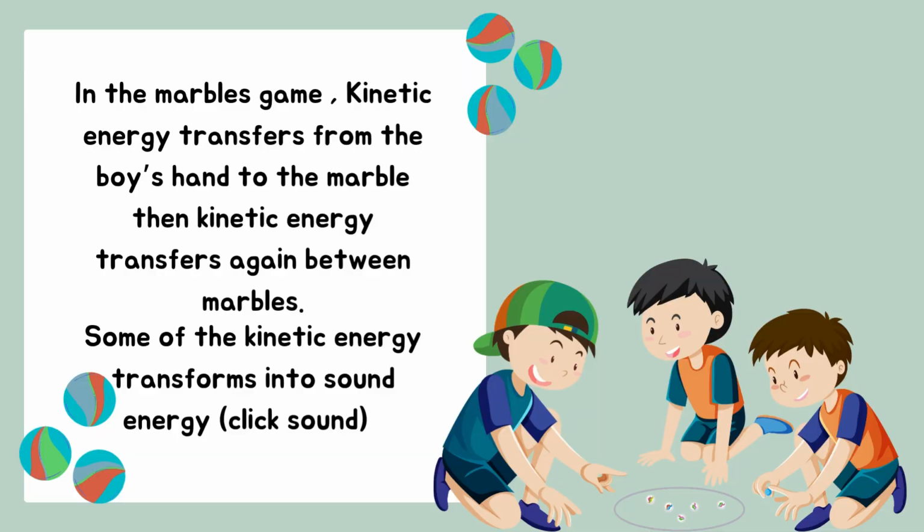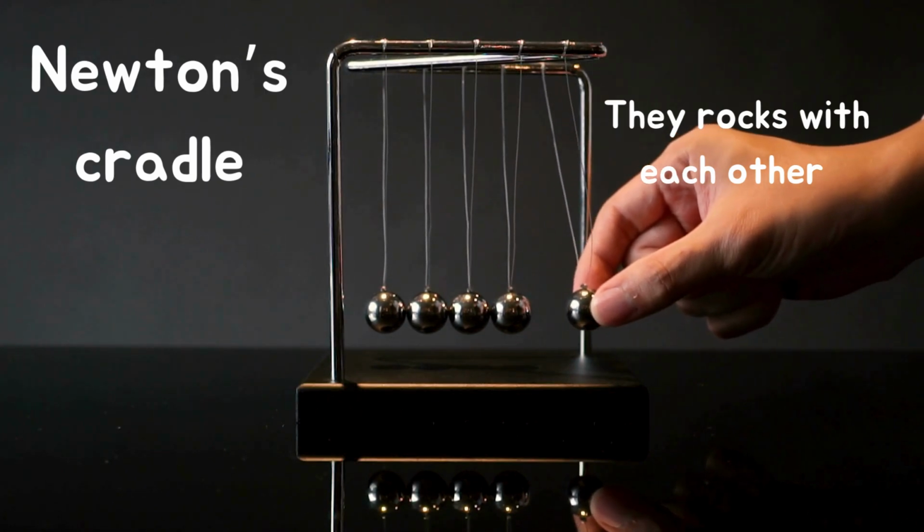And some of this kinetic energy changes into sound, as you hear the clicking sound of the marbles. You get it? So, if it's okay, we will now study Newton's cradle.